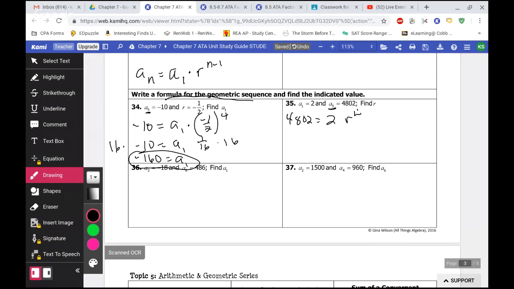So that's going to be R to the 4th. So we filled in everything that we know based on the information given. Now we're going to divide both sides by 2. So that's going to give us 2401 equals R to the 4th. So now what we need to do is take the 4th root of both sides. And, you know, I don't know that the iPhone calculator does that.